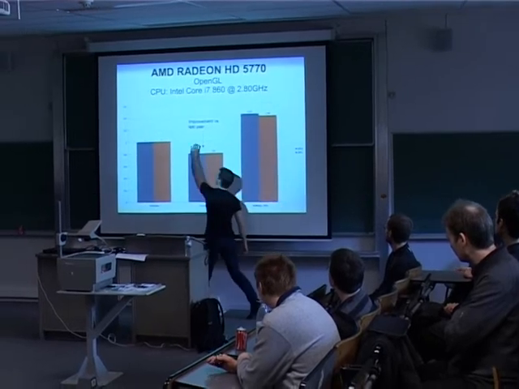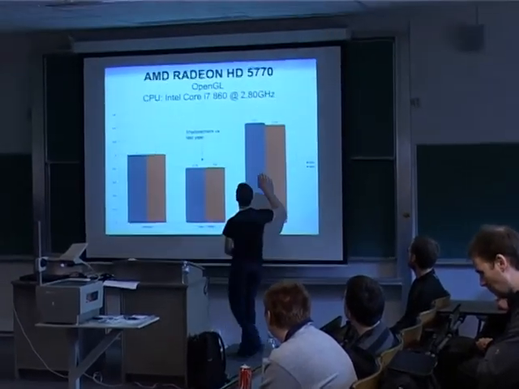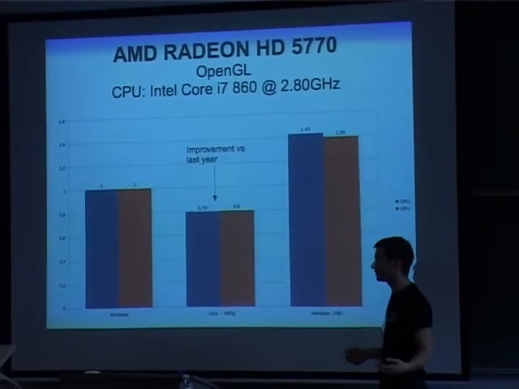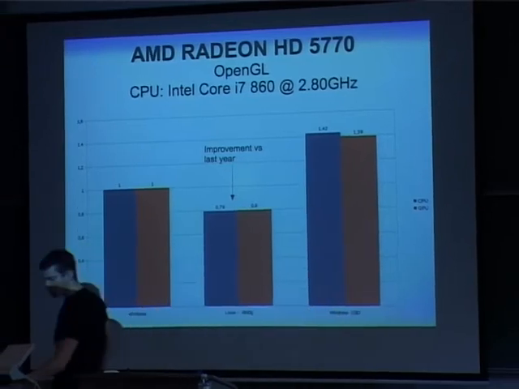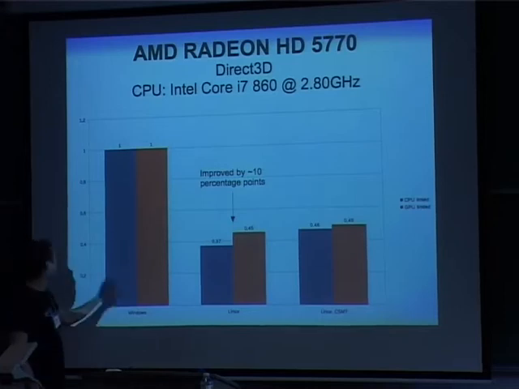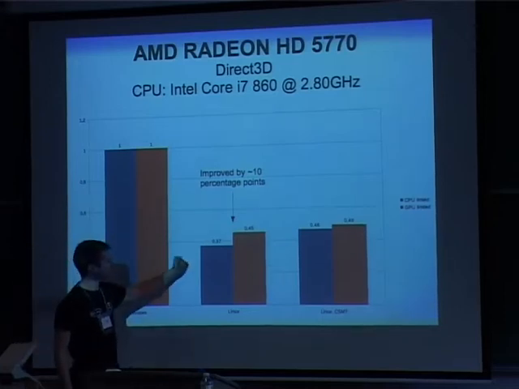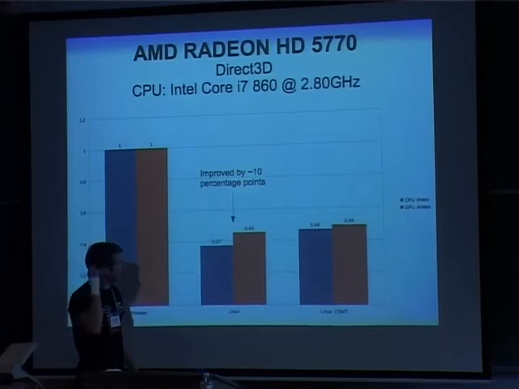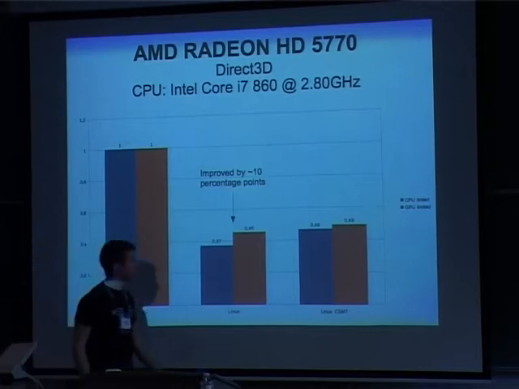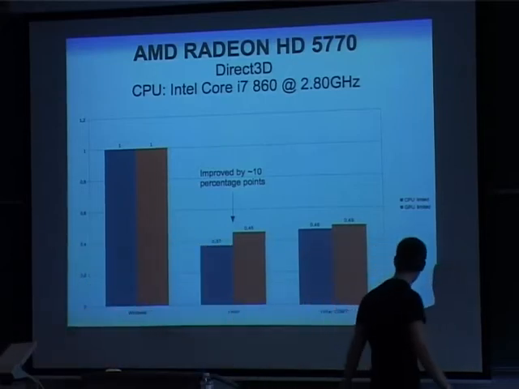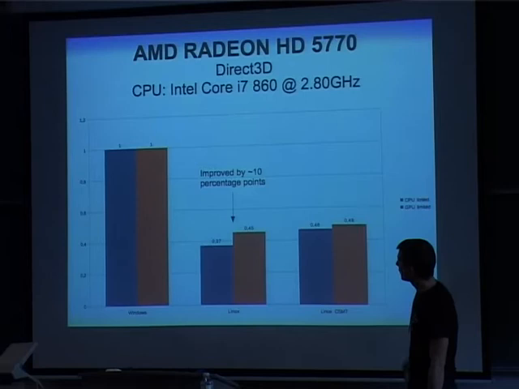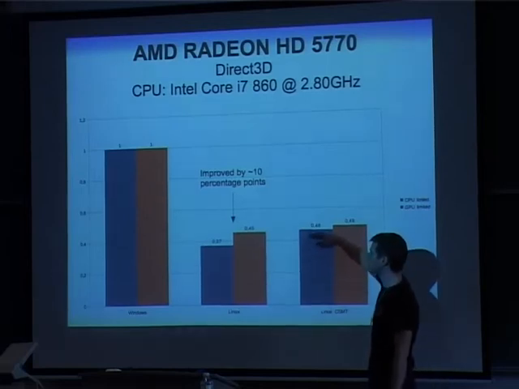And this difference may not look that big, but if you compare the Direct3D performance to the OpenGL performance and then add in Wine's additional slowness, you get a graph that looks about like this, which is still an improvement compared to last year when we were at about 30% with Wine, and now we are plus minus around 40. And if you add in the command stream, it's even a bit higher, but compared to the NVIDIA card, the improvement is somewhat smaller.